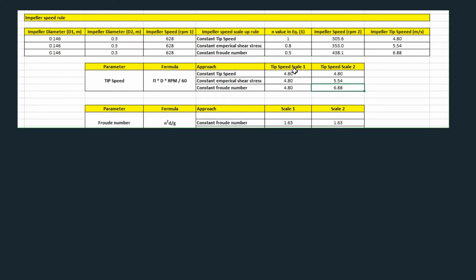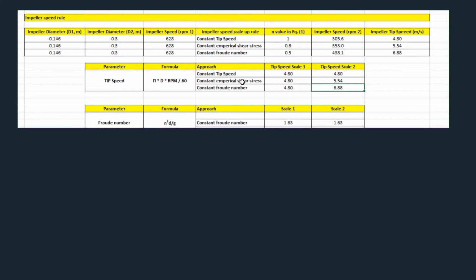You can calculate the RPM of the second scale based on the Froude number, and the kneading time you can keep constant, as in the development stage. You can also check the kneading impact on your product in development, and based on that determine the kneading time.